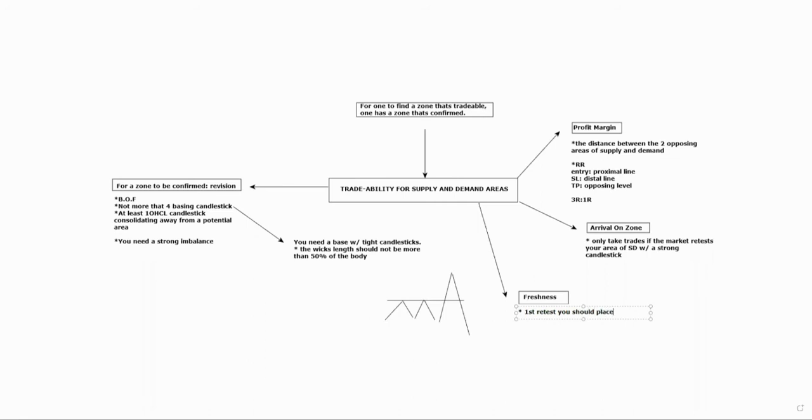Or, you shouldn't, but you can place a limit order, because these are the best, high probability setups.